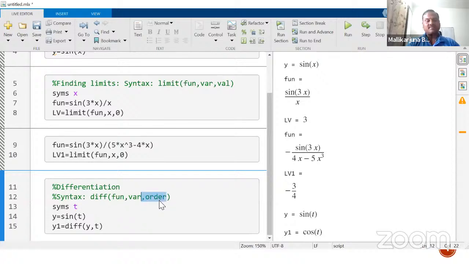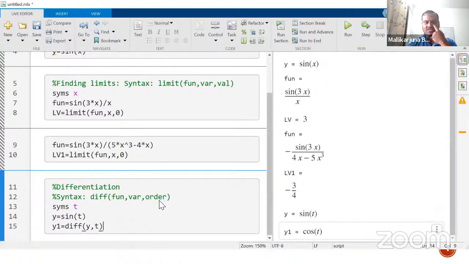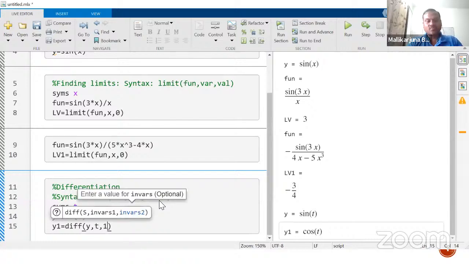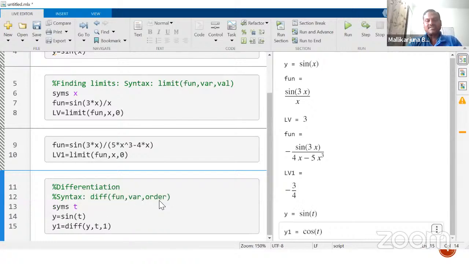See, the syntax is showing here the order. But for first order, you no need to give it. You no need to specify it for first order differentiation, directly you can give it. That is just logic. But even if you give 1, you will get the same answer.